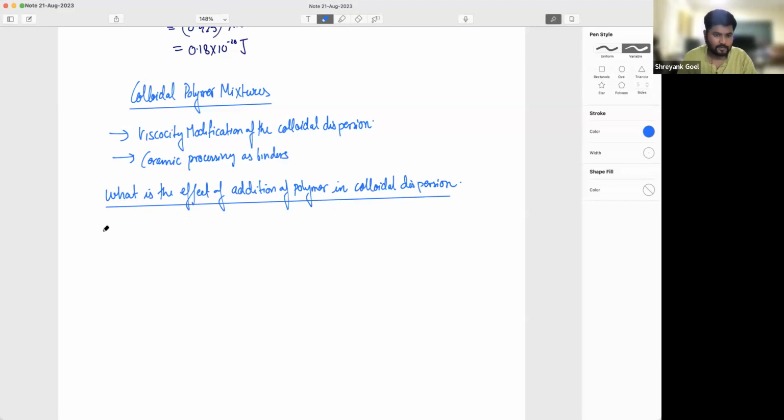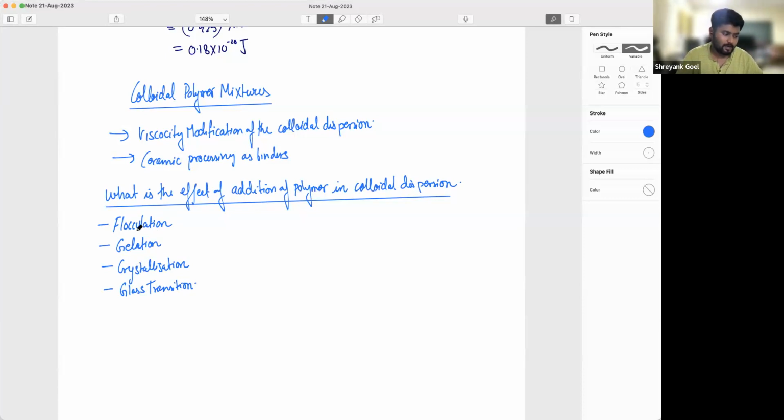So the effect is there is flocculation, there is gelation, there can be crystallization, and there can be glass transition. So these are some of the effects that happen when we add polymer to the colloidal dispersion.